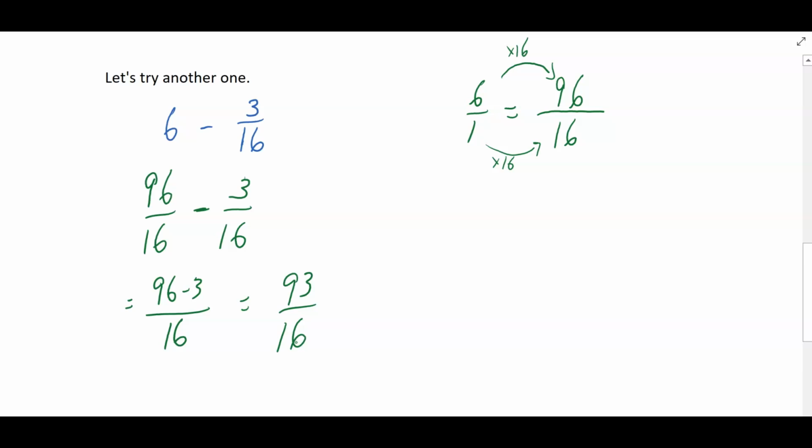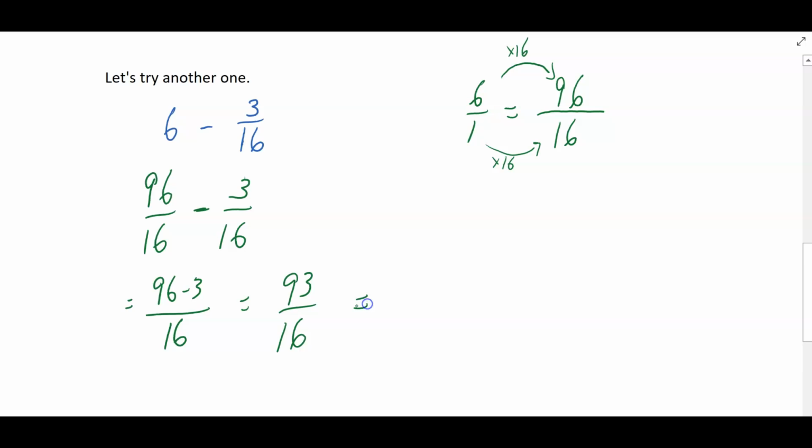Now, let's convert this to a mixed number. So I've got the whole number 6, and you can even picture that as 6 on your tape measure. And we want to back up 3/16. So 3/16 is less than 1, right? It's a proper fraction. So we're not even going back past 5 because we will be between 5 and 6.